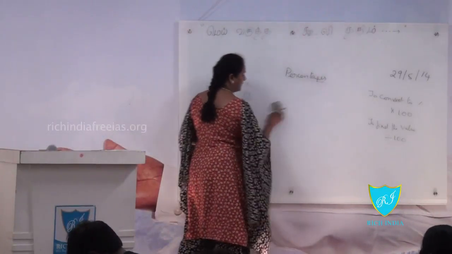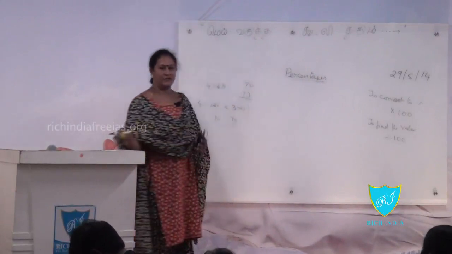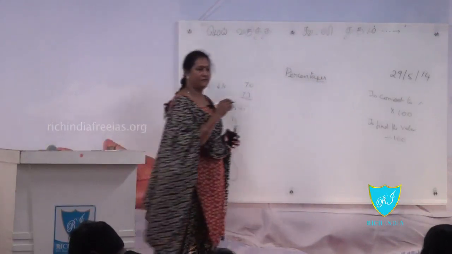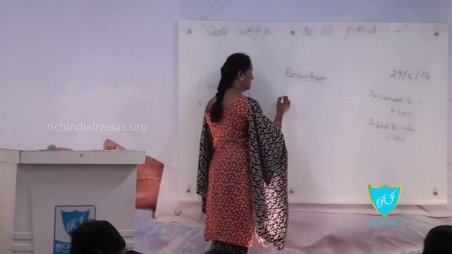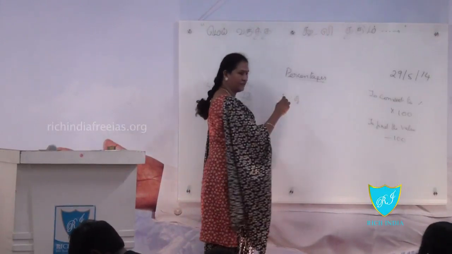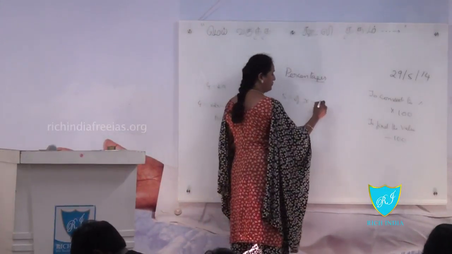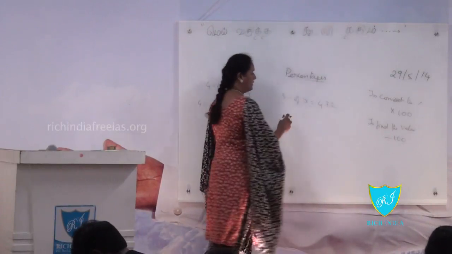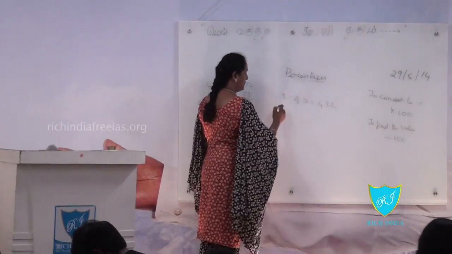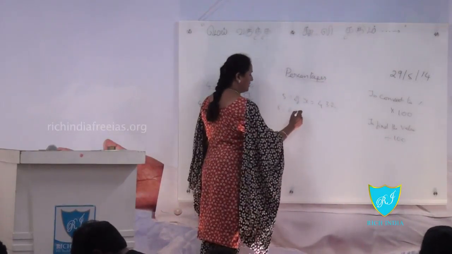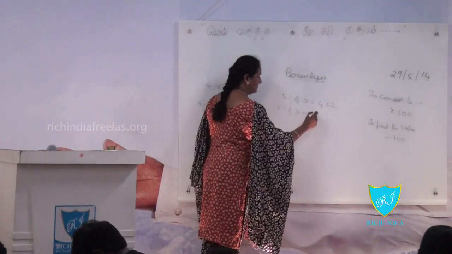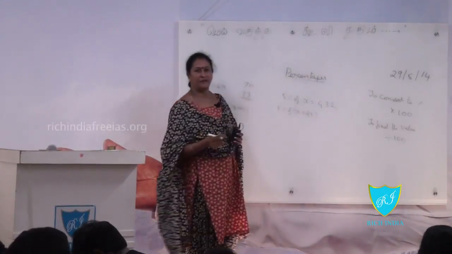So on the second one, what is the question? 5% of x equals 432, and you are asked to find 5% of x plus 25.